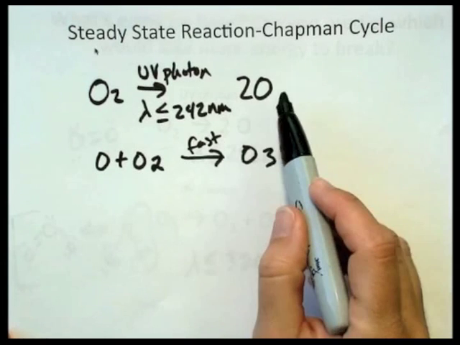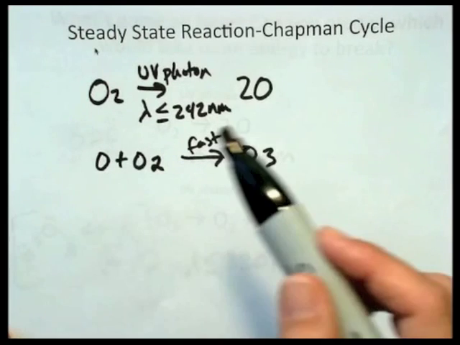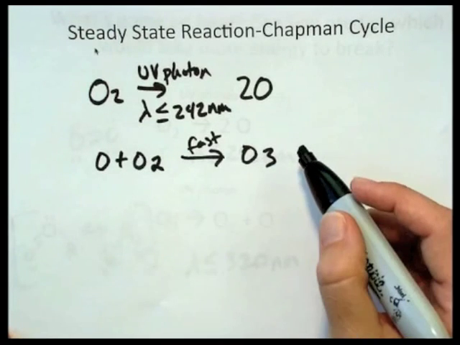It's called a collision reaction because all you have to do is have the chance of one of these oxygen atoms colliding with another oxygen molecule.